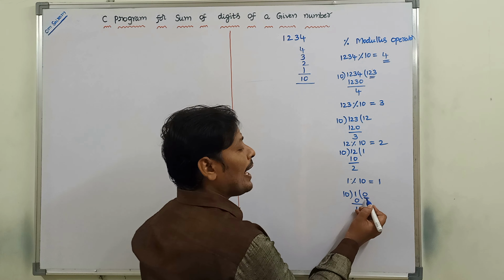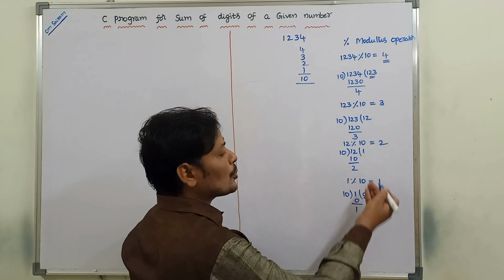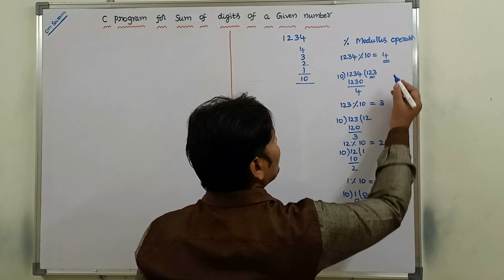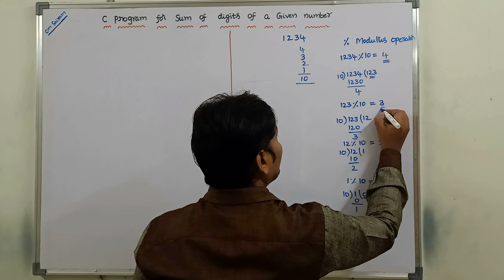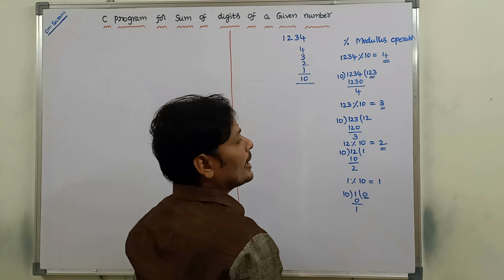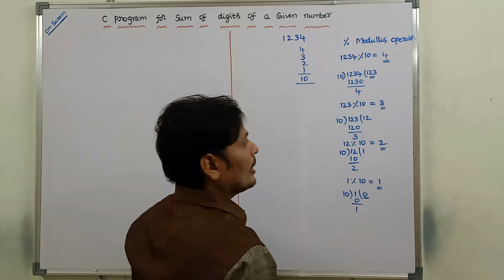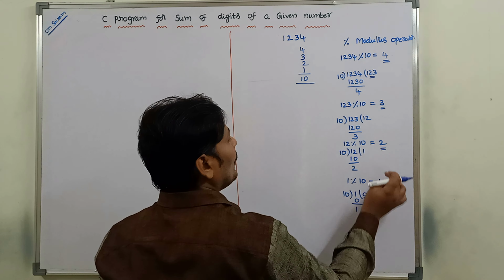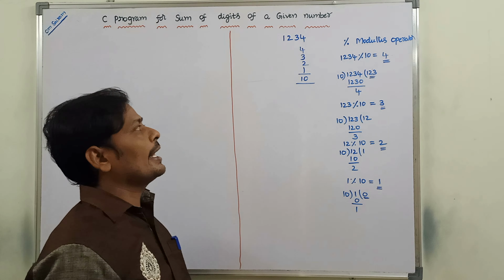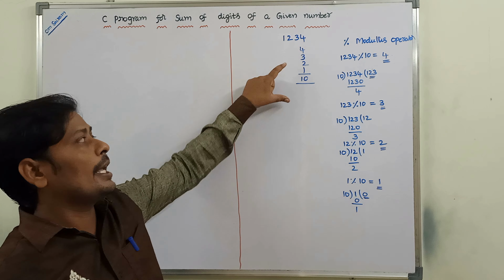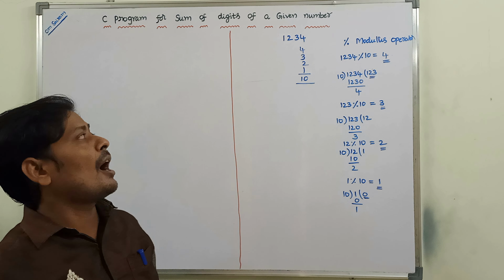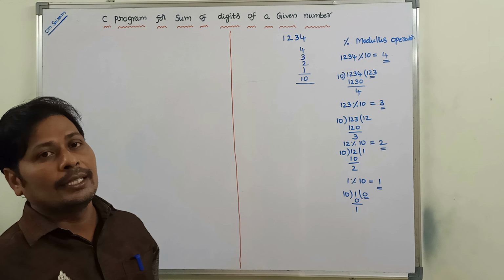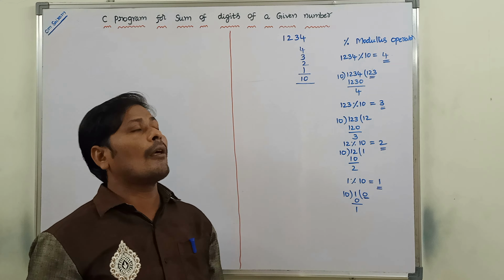Whenever the quotient value is 0, we stop the procedure. Then what are the individual digits we are getting? First 4, next 3, next 2, next 1. So 4, 3, 2, 1. Once we get the individual digits, we find the sum of those individual digits. We get the value 10. So this is the simple logic.